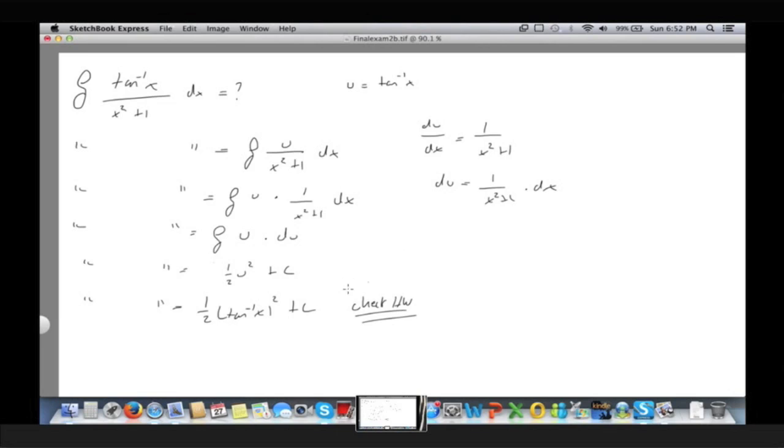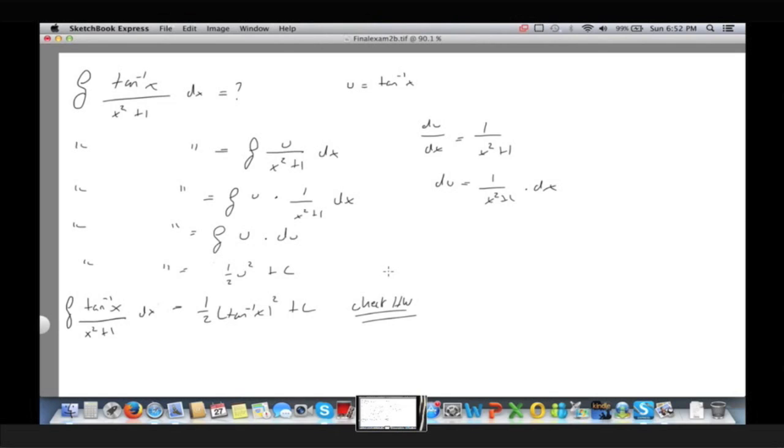Let's replace the dittos in the last line with what we're actually solving for. That's just a good habit so that we know what we've solved for, and that will help you to check your answer. So you started with inverse tangent of x over x squared plus 1. And you took its antiderivative, and you got 1/2 inverse tangent of x squared plus c.